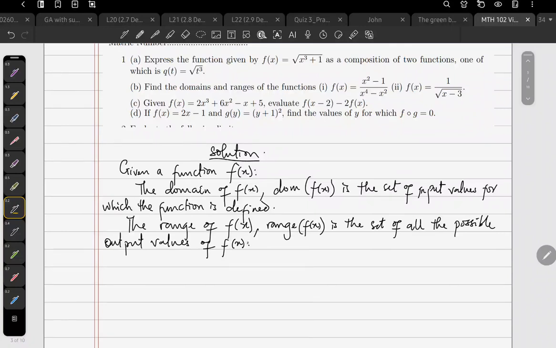And a major strategy that is used to find the range of f of x is the property that the range of a function is the domain of its inverse.